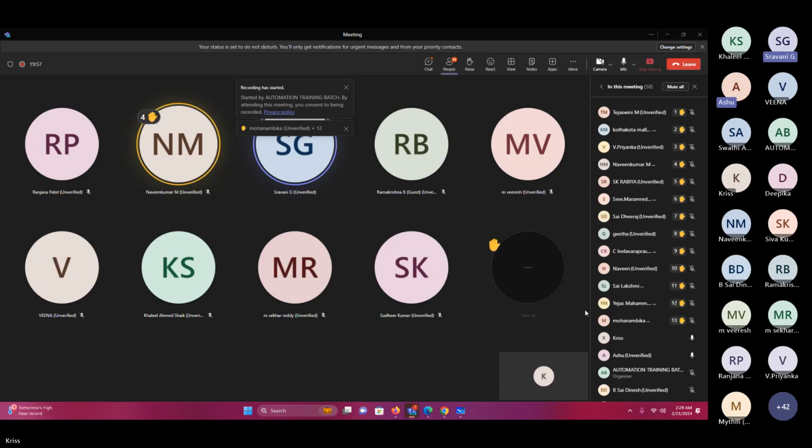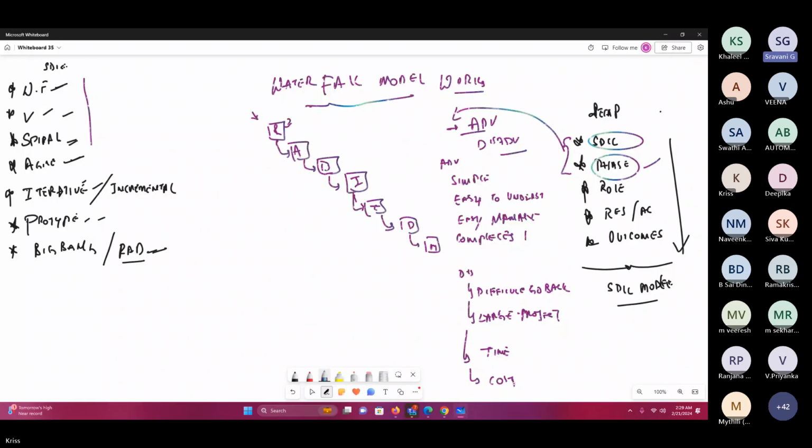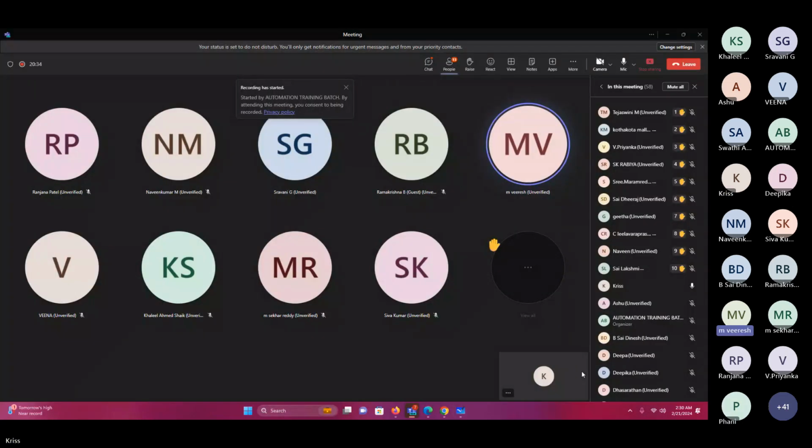And there is a major drawback of this model, which is that the requirement can totally change, or the market would be updated with quite new things, so that by the time we come to maintenance, or by the time we deliver the project, the main motto of the application can be changed, or it can have very new requirements. Excellent, good point. So it will be a waste if the requirements change in the initial stages and they continue all the stages.